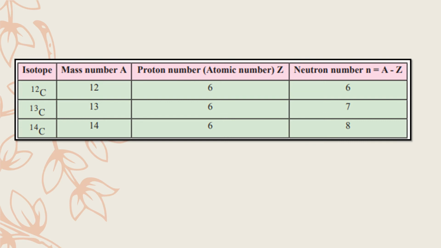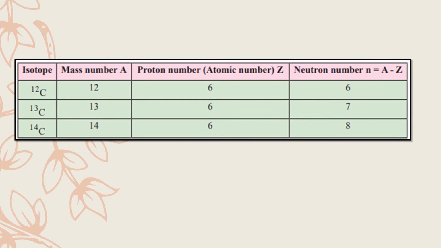Now isotope is carbon 13. Mass number will be 13, proton number 6, that is atomic number only. The neutron number we can calculate with the help of formula, that is 13 minus 6, so it will be 7. The next is carbon 14 isotope. Mass number is 14.